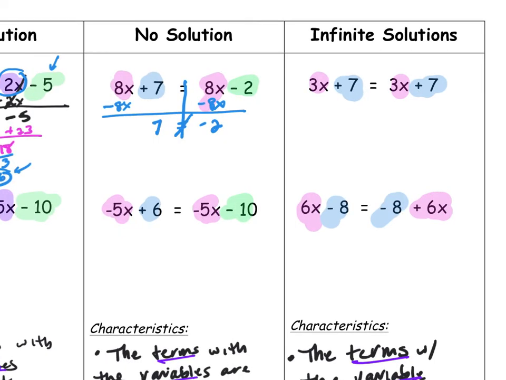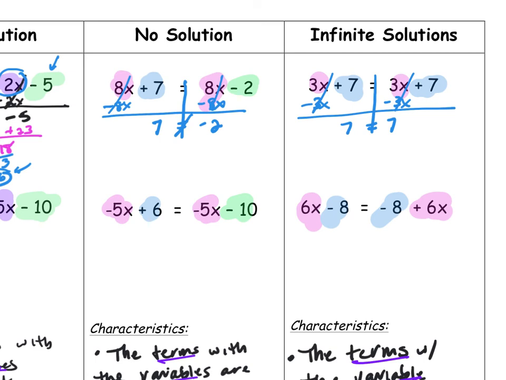Let's look at the final. If I were asked to solve the infinite solution one instead of just inspect it, if I started out by getting rid of the variable on one side, both variables on both sides would cancel out like they did in the no solution. But I'm going to be left with 7 equals 7, and that's true.